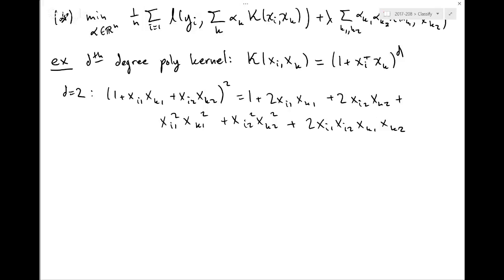And the point is that this can actually be written as an inner product between two 6-dimensional features.